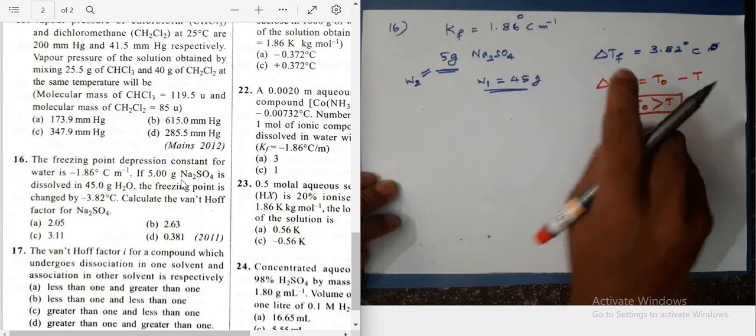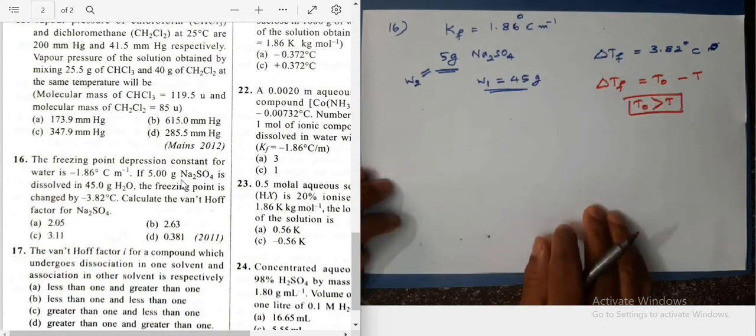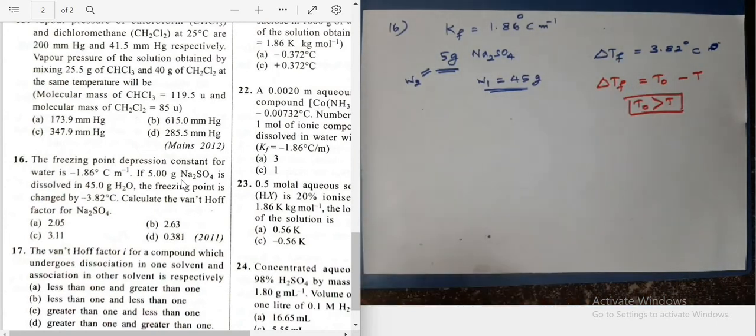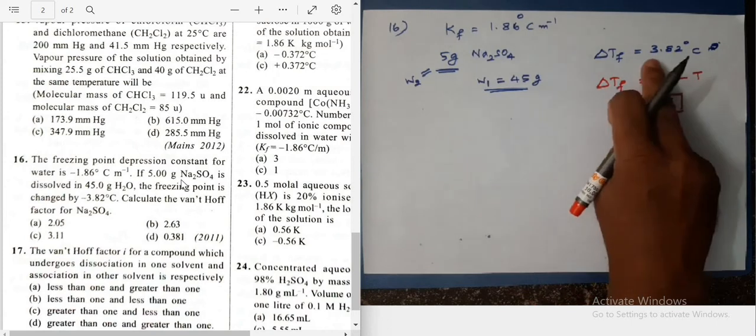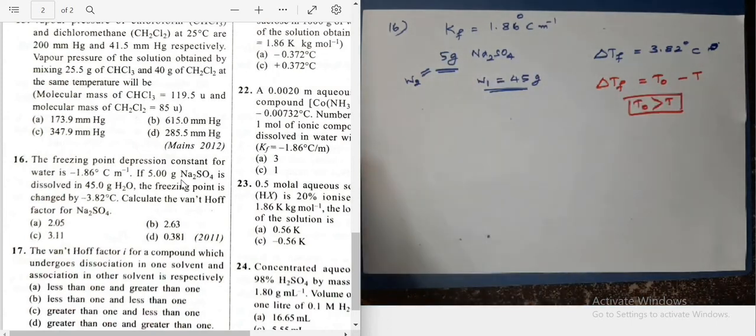So delta Tf should be positive if the solute is non-volatile. In the problem it is given minus, so it is not minus actually. You take it as positive value, 3.82.